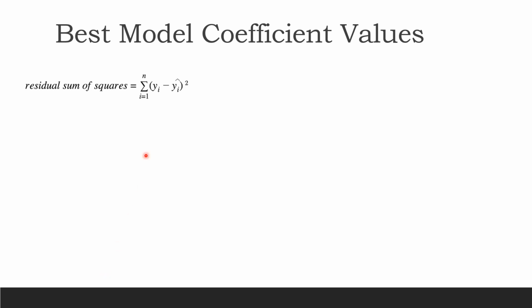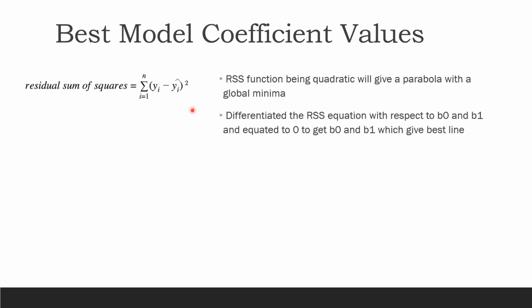We had the residual sum of squares, and the sum of this entire thing was to be minimized to find the conditions for the two coefficients, slope and intercept, to get the best fit line. We had a global minima in that case, a linear equation, but that will not be the case in advanced regression techniques.